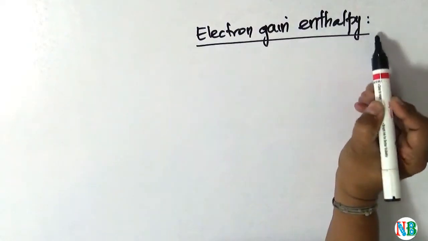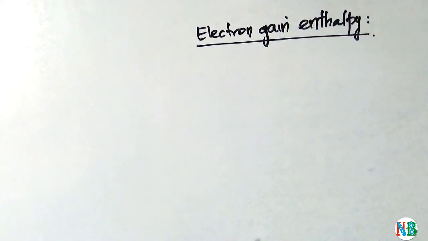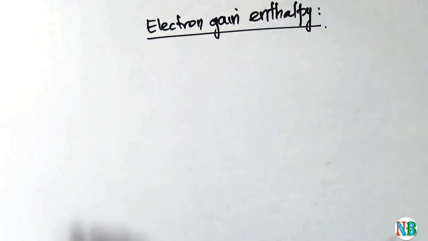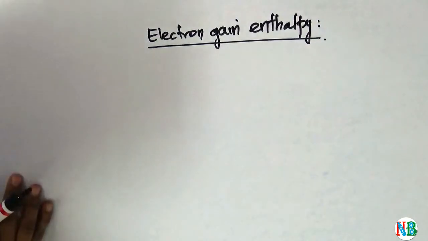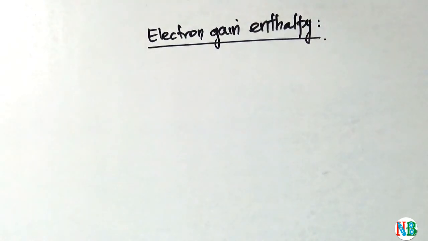Electron gain enthalpy means the energy required to gain an electron. So first we saw ionization enthalpy. The ionization enthalpy is the energy required to remove an electron. Electron gain enthalpy, as the name says, is the energy required to gain an electron into an atom in its gaseous state again.